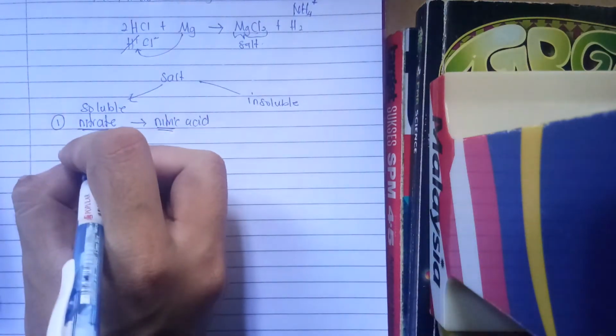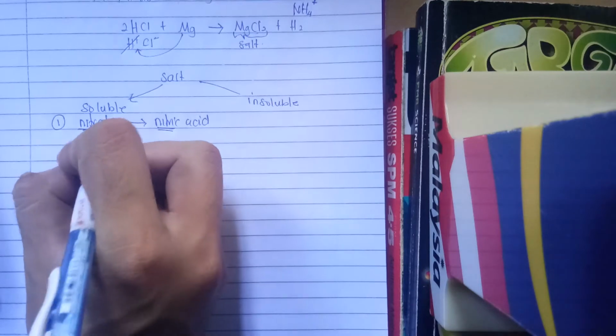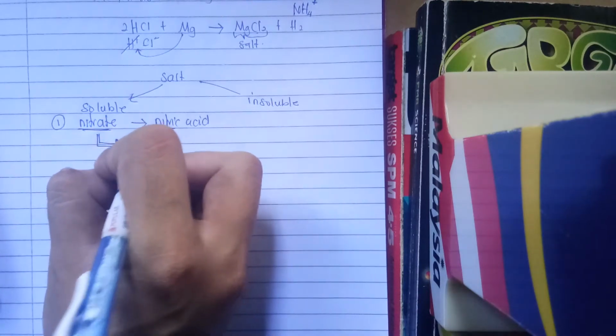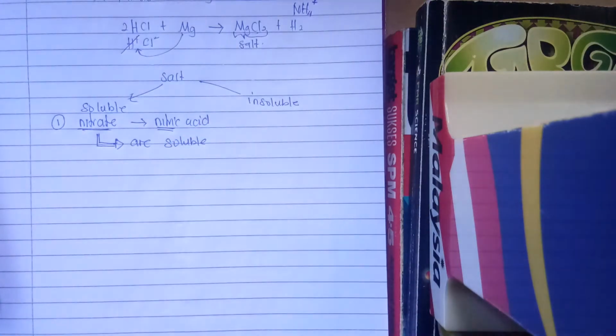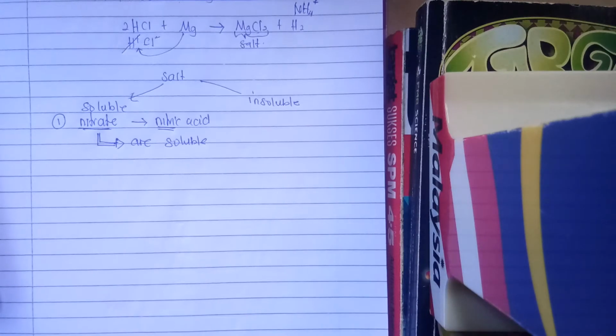So for your information, all nitrate salts are soluble. For example, you have potassium nitrate, sodium nitrate, copper nitrate, iron nitrate, lead nitrate. All those nitrates are soluble. So it means if you get the salt in the solid state and you put it in water, it will dissolve in water. So all nitrate salts are soluble.